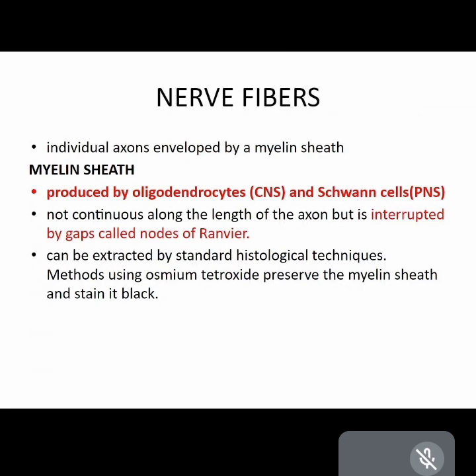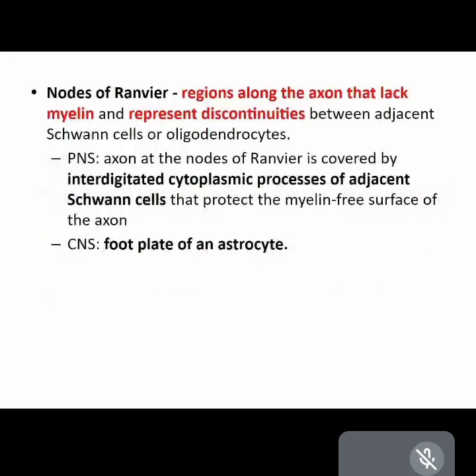Okay. So the nerve fibers, individual axons enveloped by a myelin sheath. The myelin sheath, again, is produced by oligodendrocytes in the CNS and Schwann cells in the PNS. They are not continuous along the length of the axon, but are interrupted by gaps called the nodes of Ranvier. And then they can be extracted by standard histological techniques. Methods using osmium tetroxide preserve the myelin sheath and stain it black.